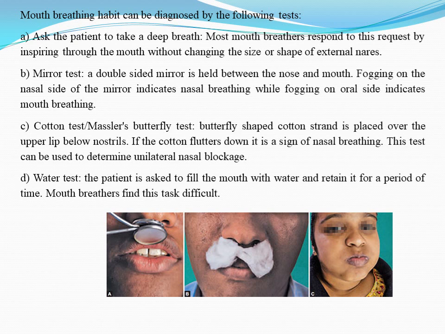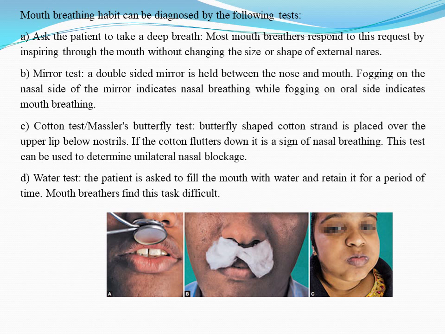Number 3, cotton test. It is called the Massler butterfly test. In this method, a butterfly-shaped cotton strand is placed over the upper lip, below the nostrils. If the cotton flutters down, it is a sign of nasal breathing.